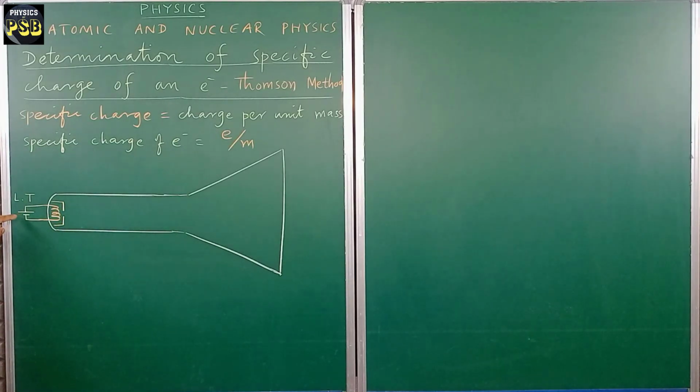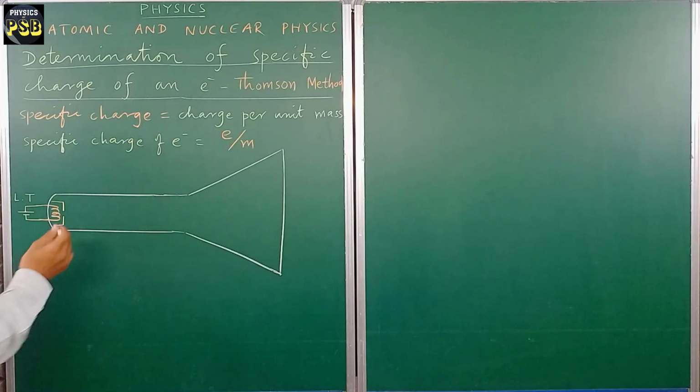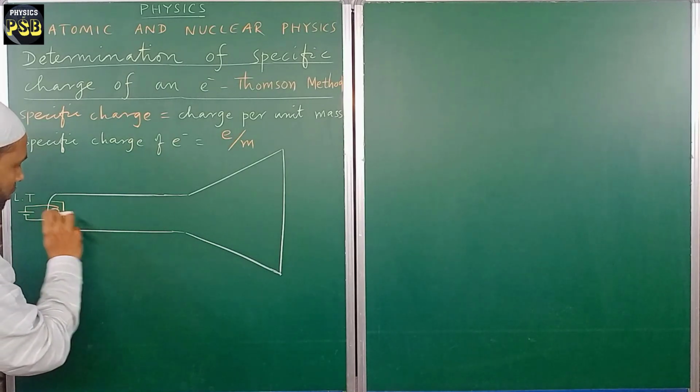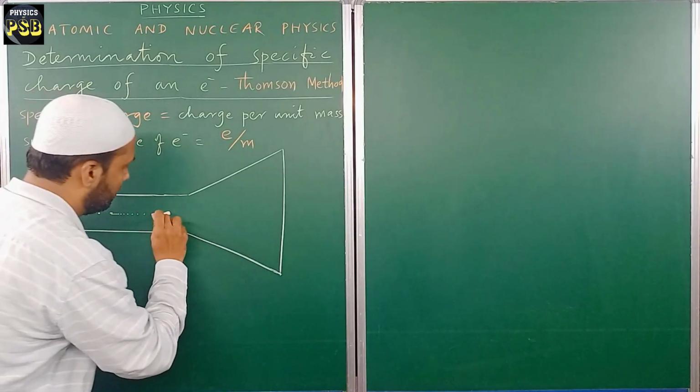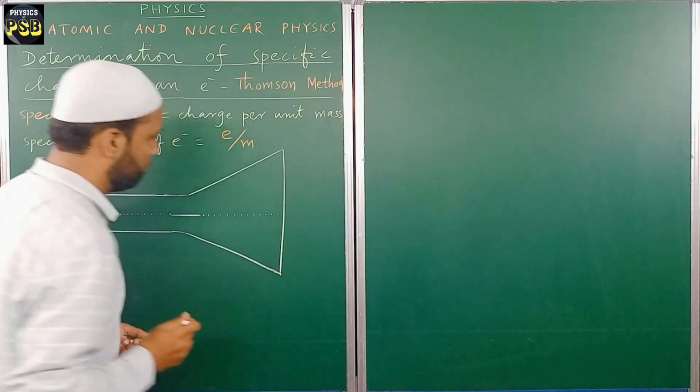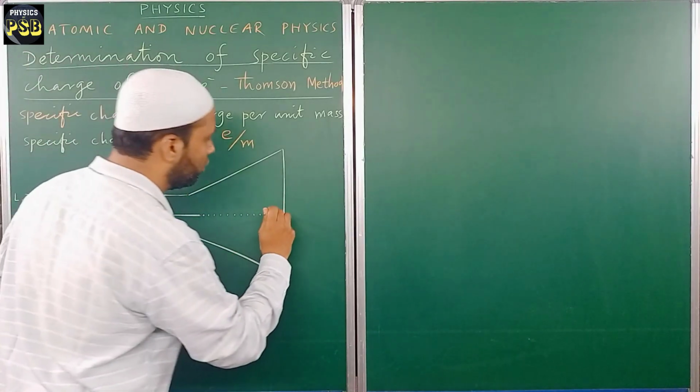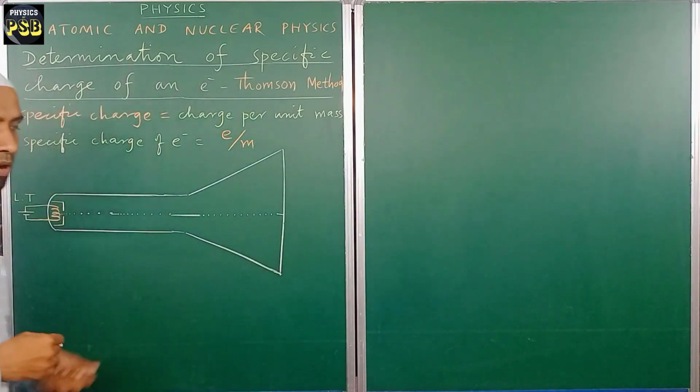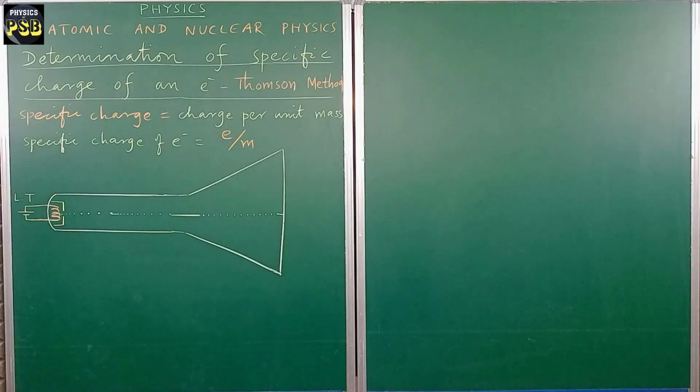When electric current is passed through this tungsten filament, it emits out electrons. Due to thermal emission, it becomes red hot and it emits out electrons, and we obtain a beam of electron. This beam of electron is referred as a cathode ray. The stream of electron is usually referred as cathode ray.